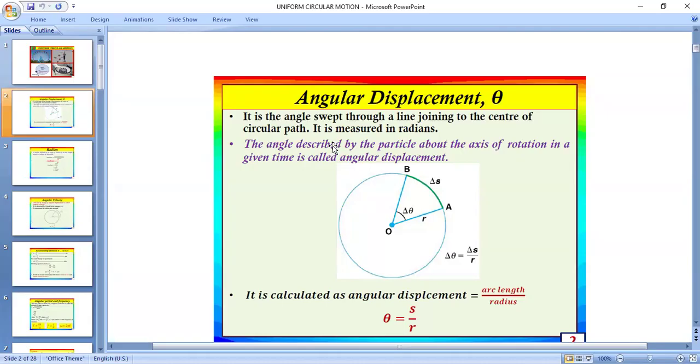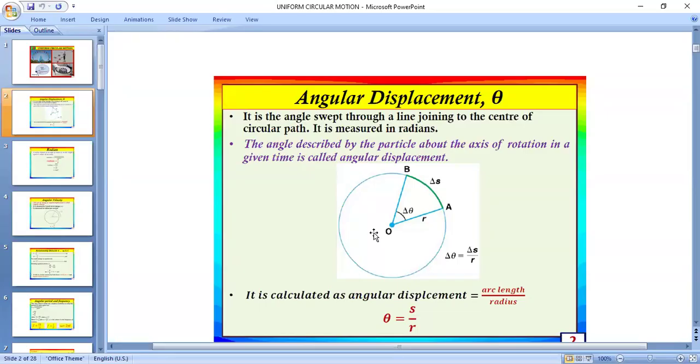For example, somebody can say, this is the angle subtended at the center of a circular path when a body moves in circular motion.